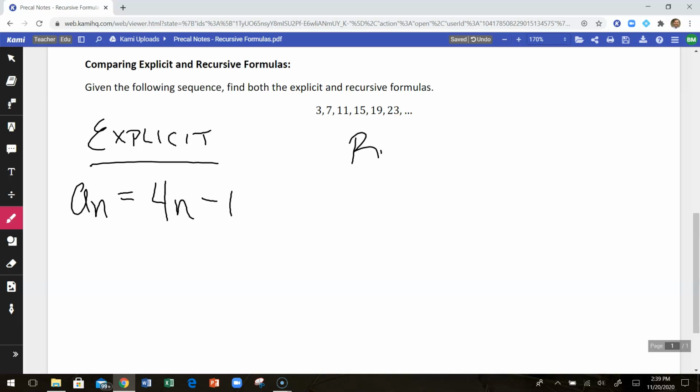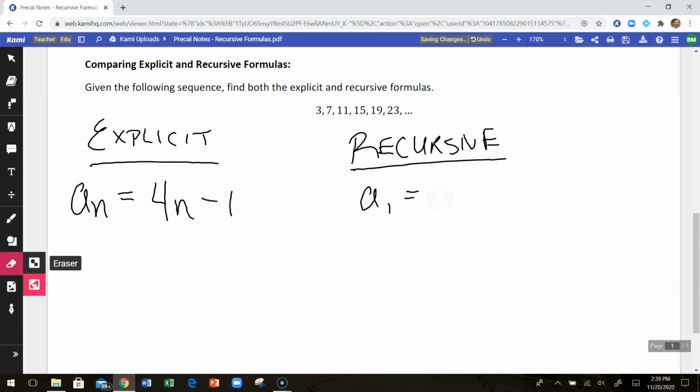The recursive formula. Again, there are a couple things that you need for your recursive formula. First, with a recursive formula, you have to state what the first term is. The first term of our recursive formula is 3, because everything's built on what was the term before it, so I have to have a starting point. Then, for every other term after that, what am I doing?